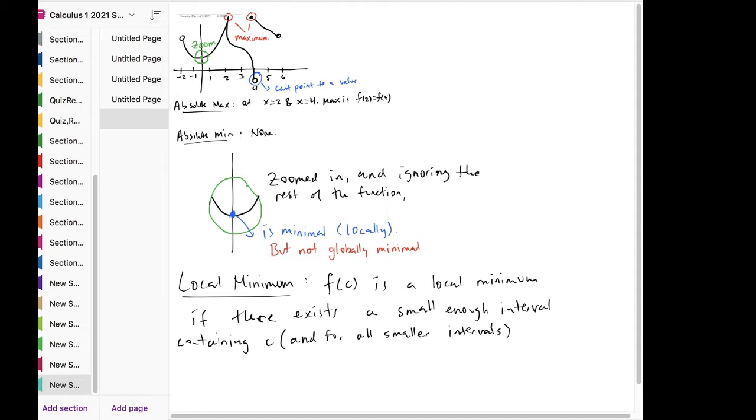So at one point you can go small where, like this picture. If you go small enough and you get this kind of minimal behavior, it's also going to be true for even smaller. That f of c is less than or equal to f of x for all x in this interval. We'll call it like AB.